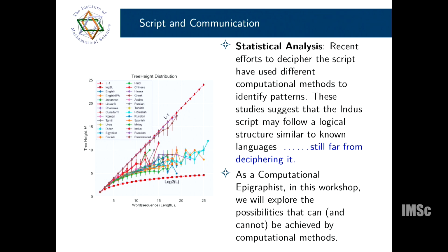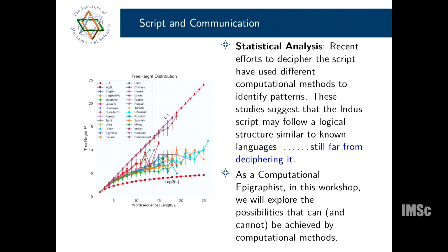We do our statistical analysis with a lot of techniques, but overall, most of the studies suggest that the script may follow some kind of logic similar to linguistic patterns. It shows the patterns that known linguistic systems show. Most of us are working on comparative study.